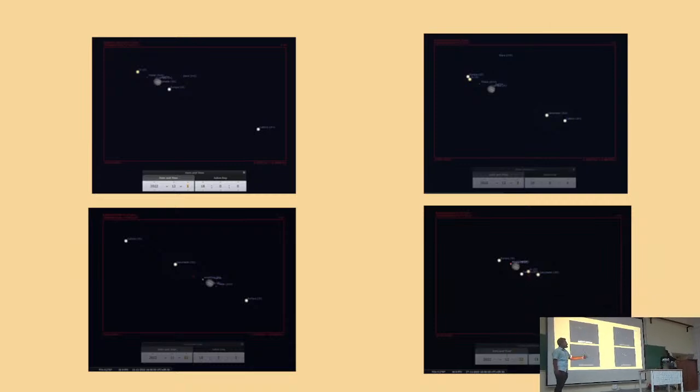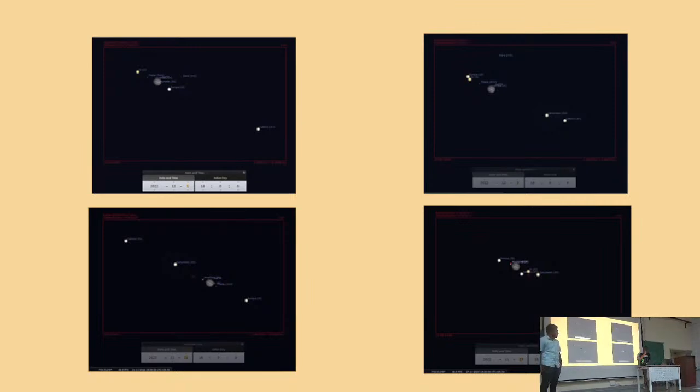We did this simulation to get an idea of what we were going to do in the experiment, which is to observe Jupiter and its moons every day, and then try to get information from those events. Here, as I said, these moons are already labeled, but in our images we just have dots, and we have to figure out on our own which moon is which.